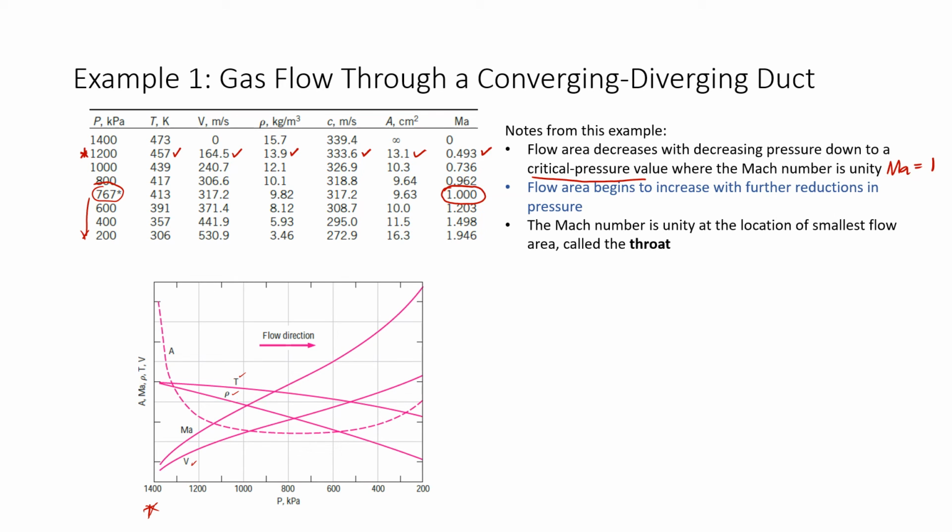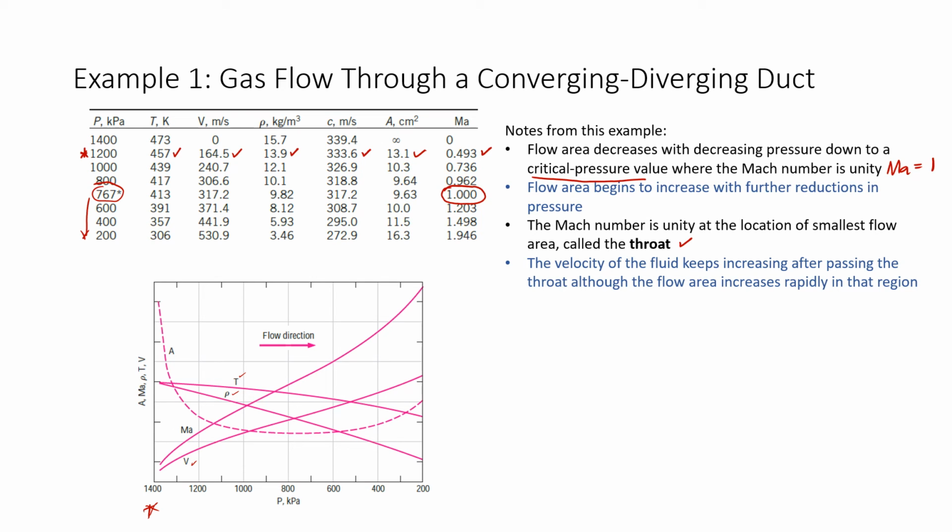The Mach number is unity at the location of the smallest flow area called the throat. I've explained this. Next, the velocity of the fluid keeps increasing after passing the throat, although the flow area increases rapidly in that region. So look at the velocity. It starts at 0 and then it keeps increasing.